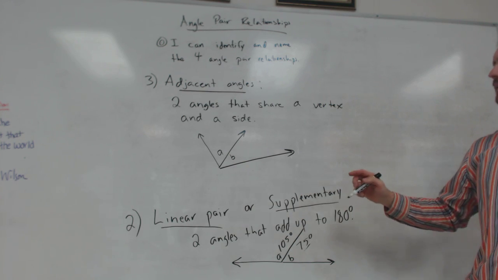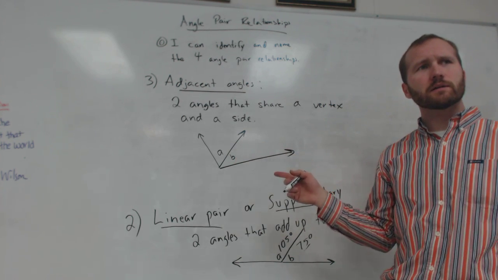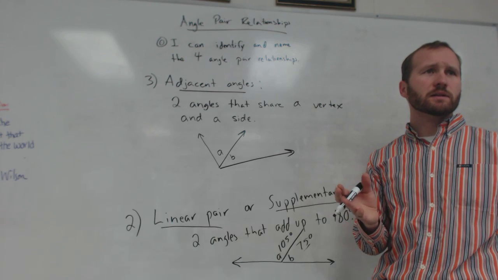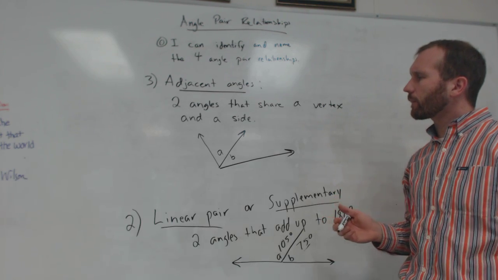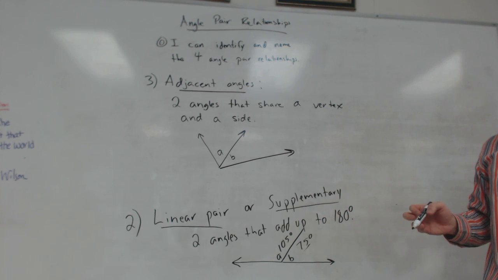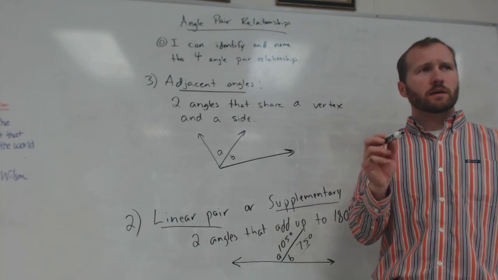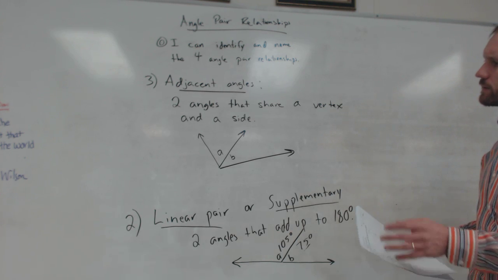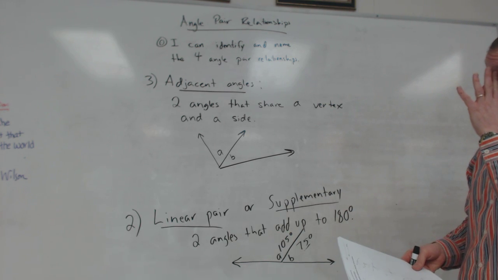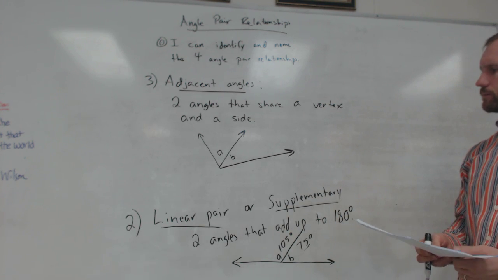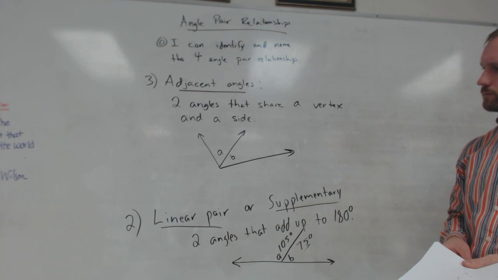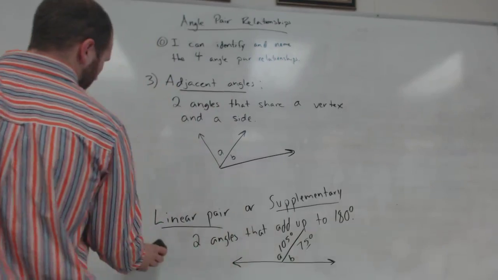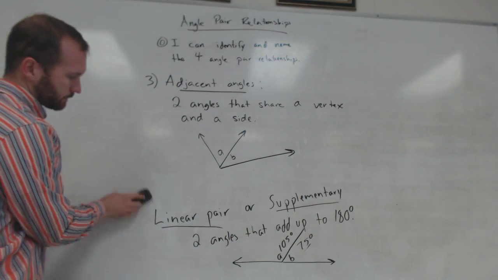There's not really anything that we can tell about adjacent angles, just by the fact that they're adjacent. But in certain situations, adjacent angles can tell us something about one angle or the other.